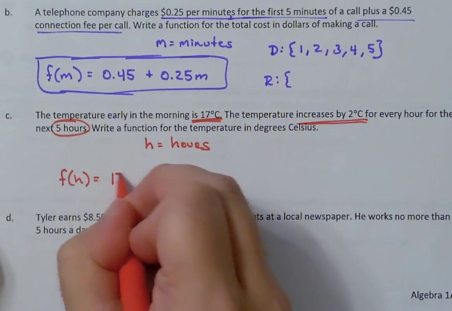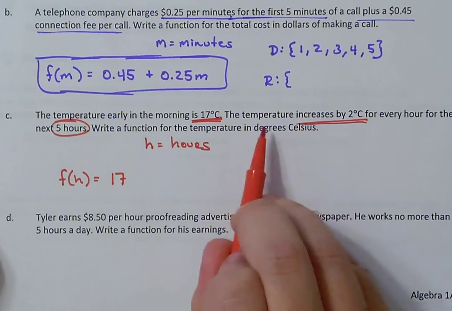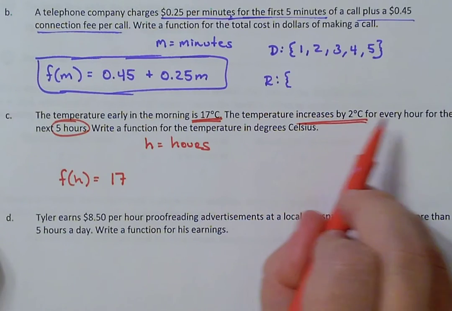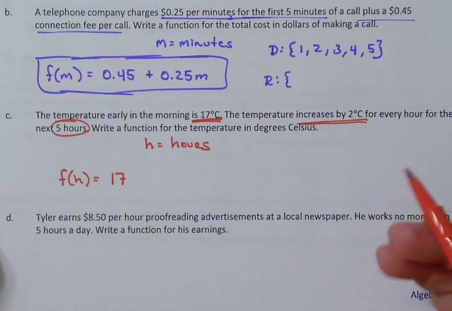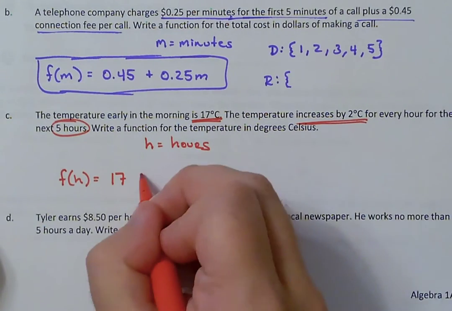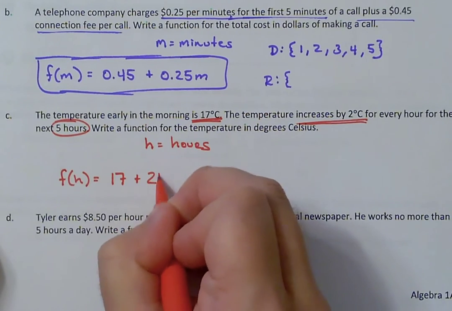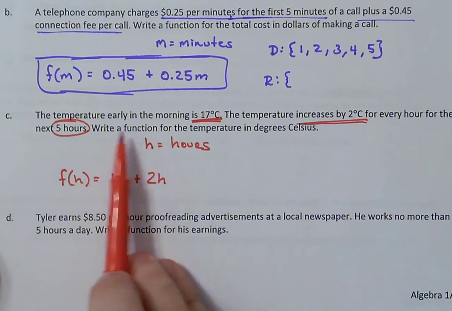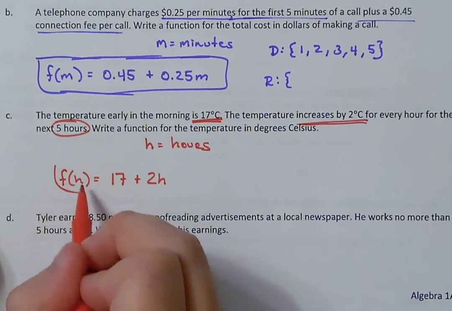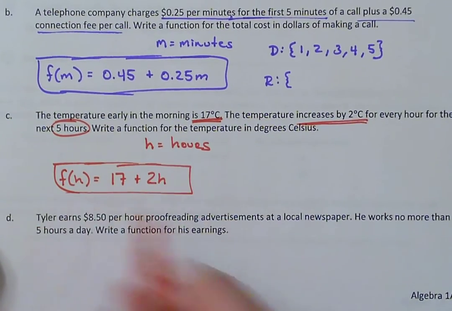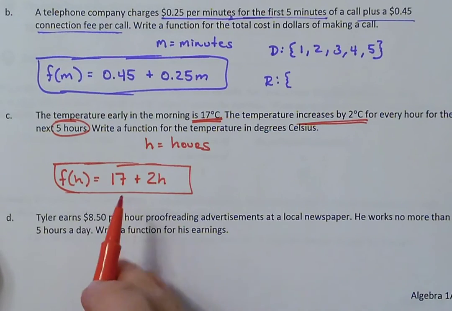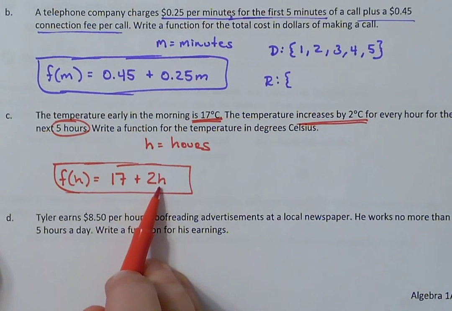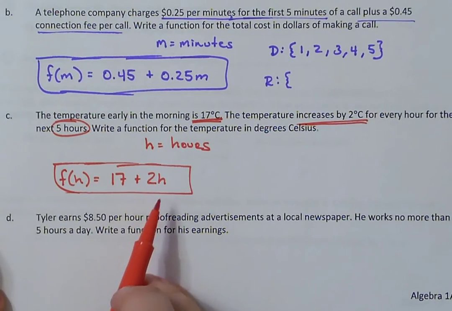So 17 is going to be my starting point, and then it increases by 2 degrees Celsius for every hour from then on. So it's going to be plus 2h, and that's going to represent the temperature in degrees Celsius. So it starts at 17 and it increases by 2 degrees each hour.